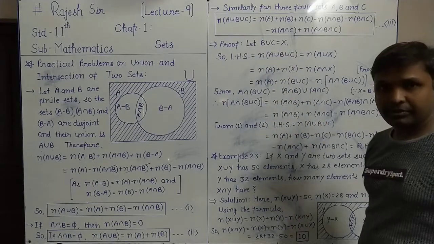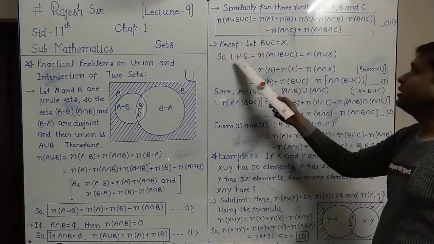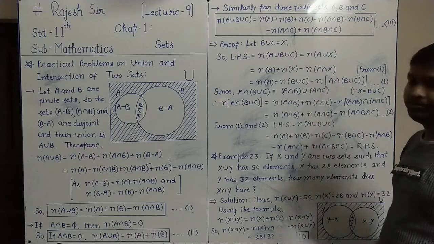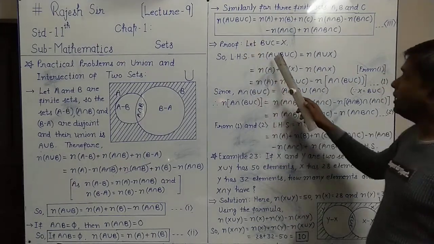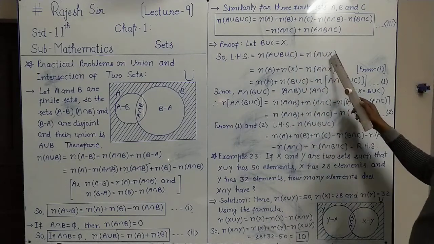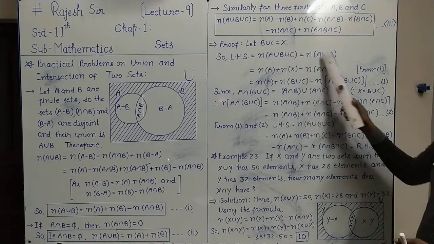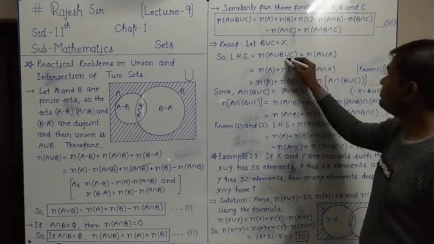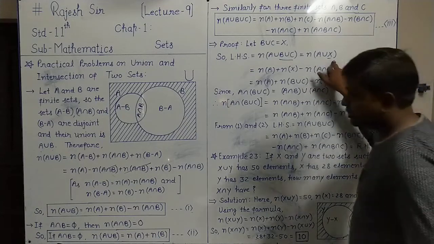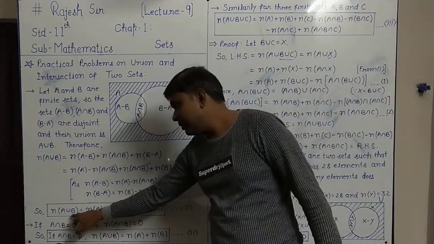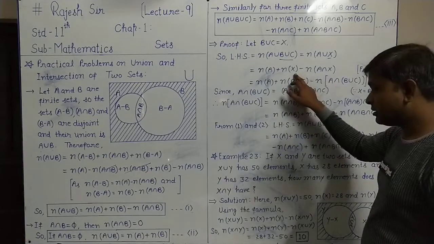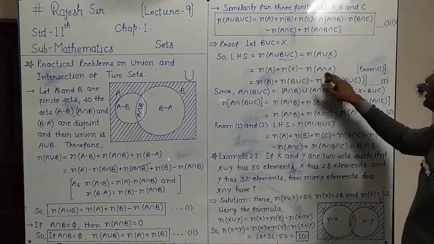Let B union C equal X. Taking the left side, it is n(A union B union C), which equals n(A union X), since in place of B union C we have placed X. Now for n(A union X), we can use the formula for n(A union B), and in place of B we use X. So it becomes n(A) plus n(X) minus n(A intersection X).